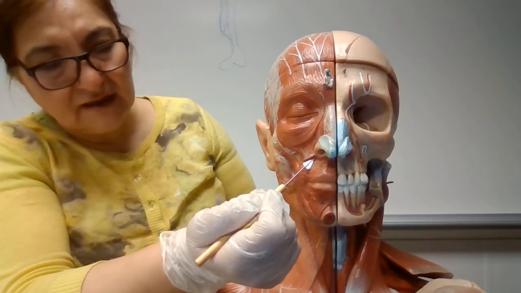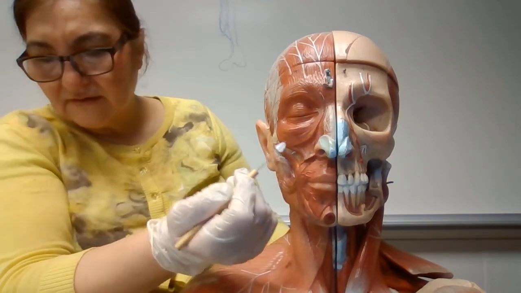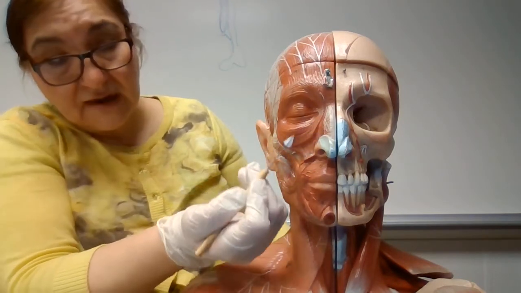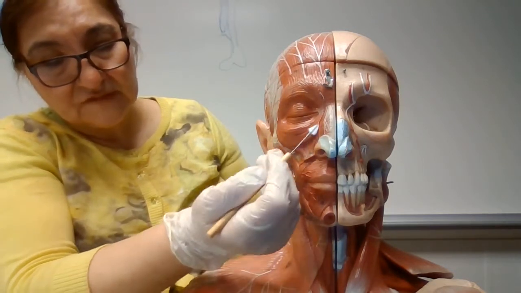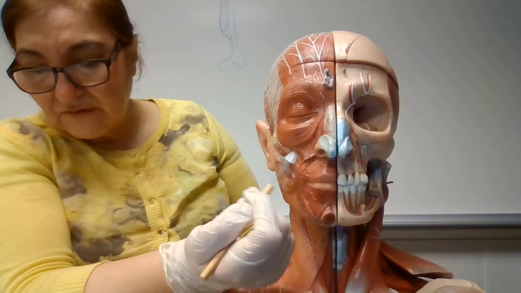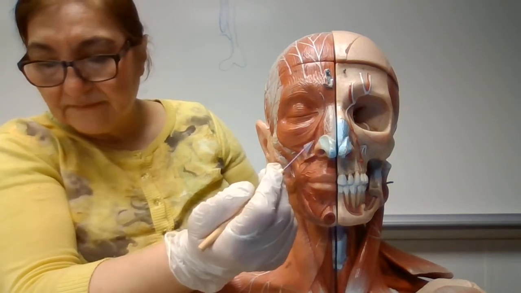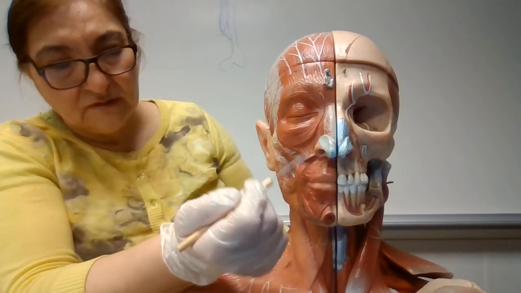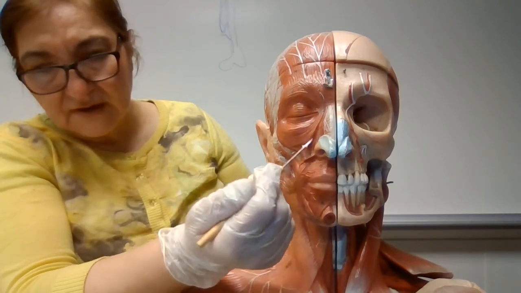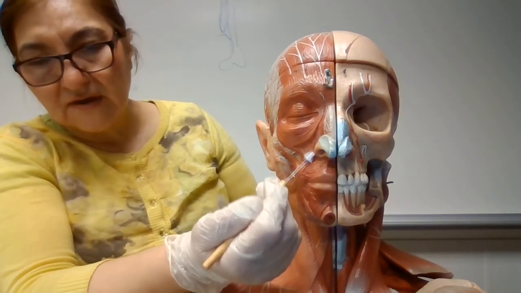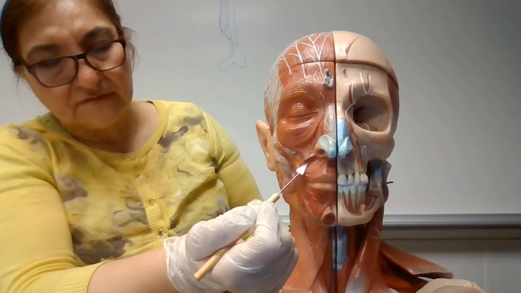And the zygomatic head originates from the zygomatic bone. It's a big muscle under your orbicularis oculi. Insertion is upper lip. The action is raise upper lip, and the nerve is facial.